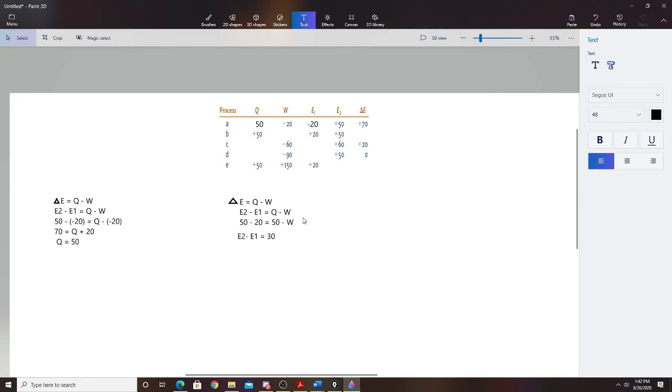Anybody figure that? I'm sure you guys are already well ahead of this, but this right here is questions on your homework and probably maybe one on your exam, so probably helpful for you. Move that over, yep, and then it's 50 minus 30, which equals 20. And then you fill out the table.